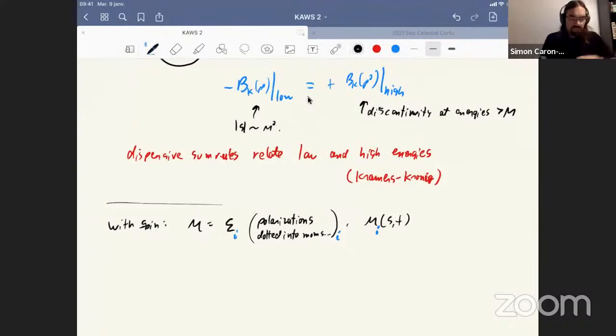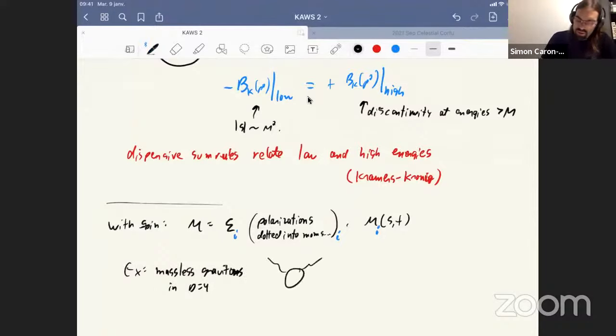And let me give an example where the sum is actually quite trivial. When you have massless particles in 4 dimensions, for example, massless gravitons in 4 space-time dimensions, you could have a process. So gravitons can have helicity +2 or -2. These are the two physical states of the graviton.